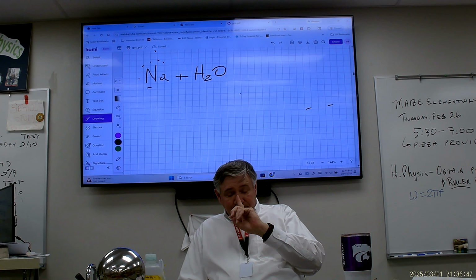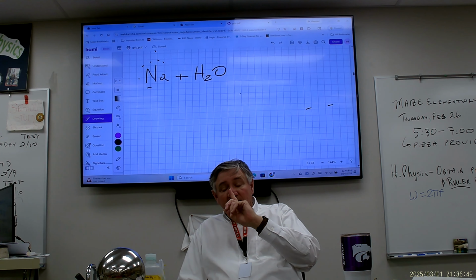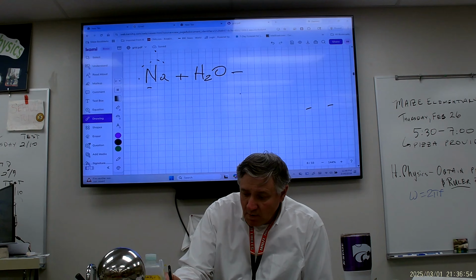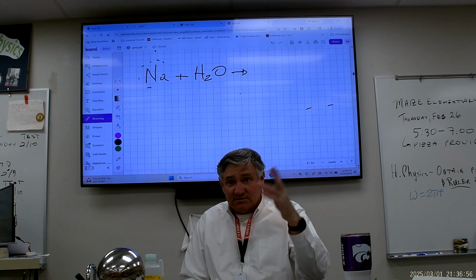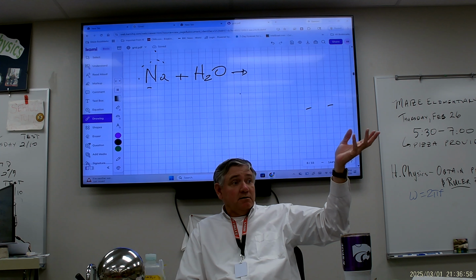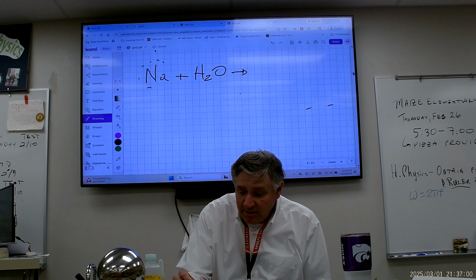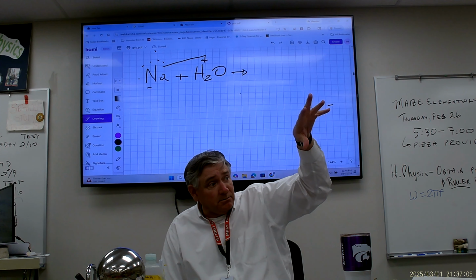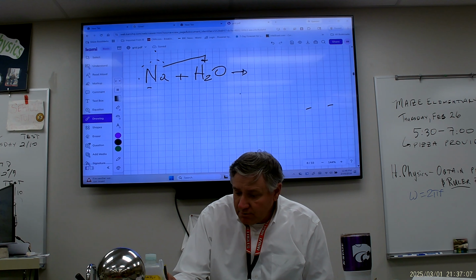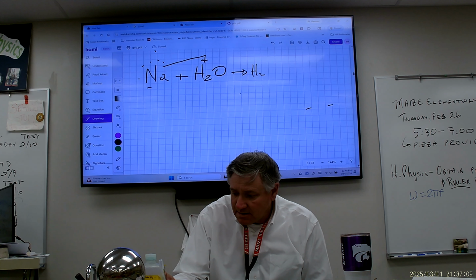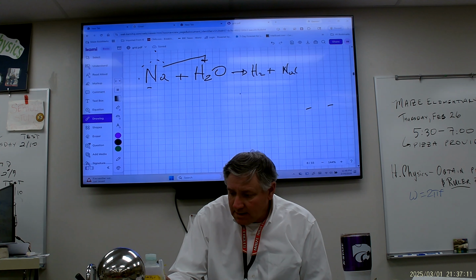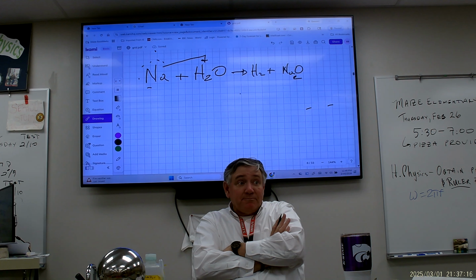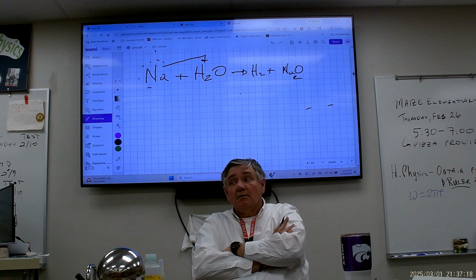So one option is that it could bind with the oxygen, because oxygen has a charge of 2 minus, right? So one option is that the sodium comes in, kicks out the hydrogen. That would explain the smoke and the bubbles. And you could make hydrogen gas and NaO. You'd have to make that as Na2O. That's an option.